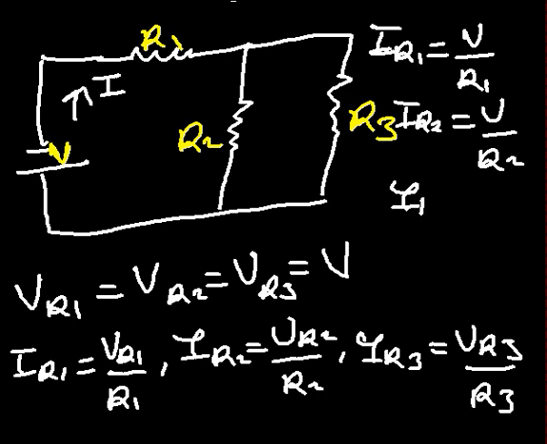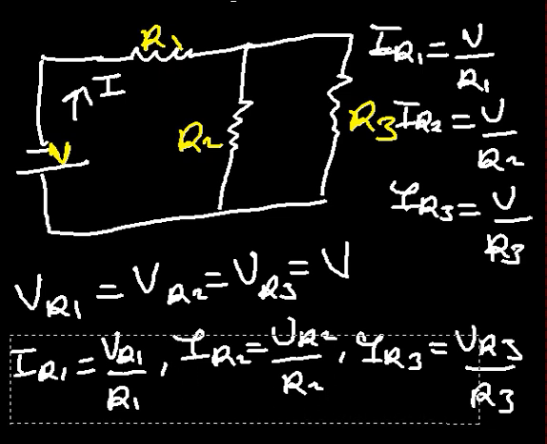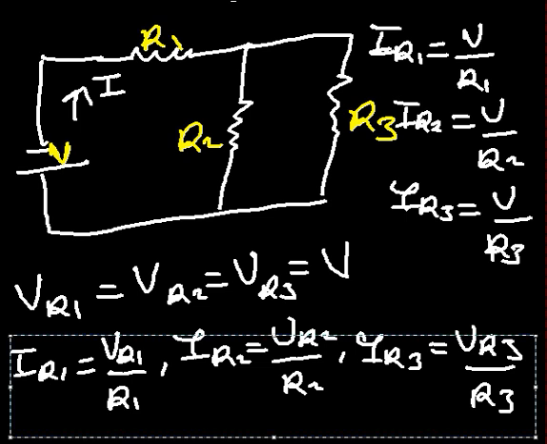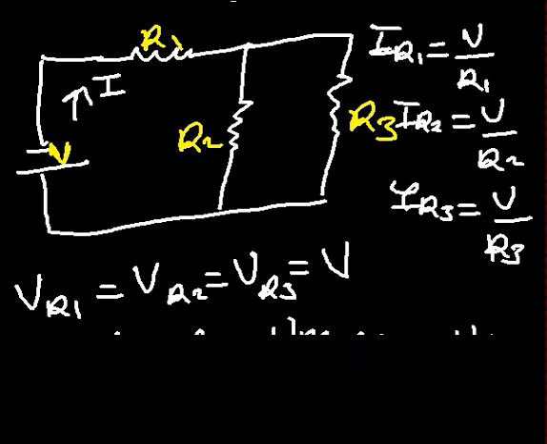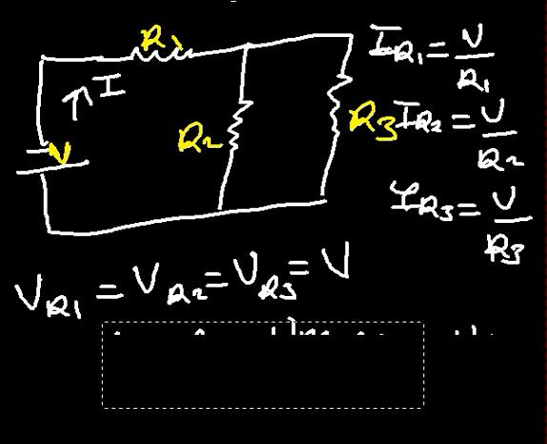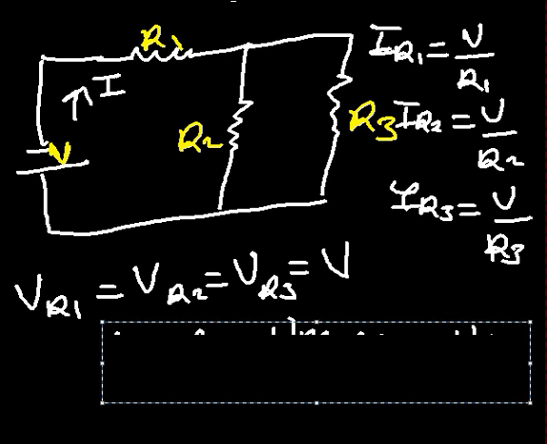And I'll have the current across the R3 resistor as V over R3. So that is from the fact that, according to Ohm's law, current is given as the voltage divided by the resistance. So have that understood, and also from the fact that the voltage does not change in a parallel circuit.